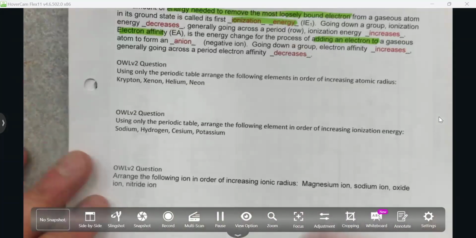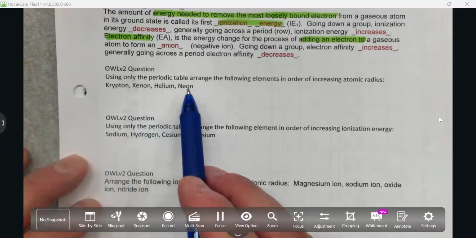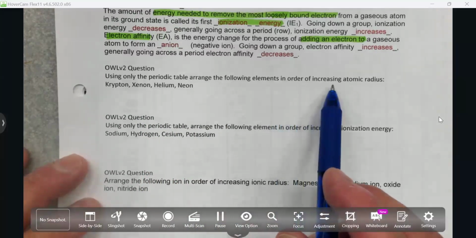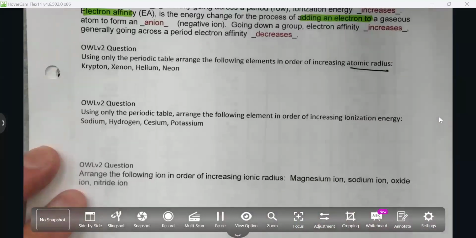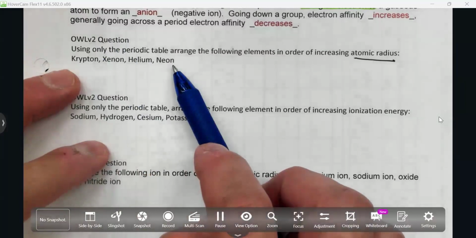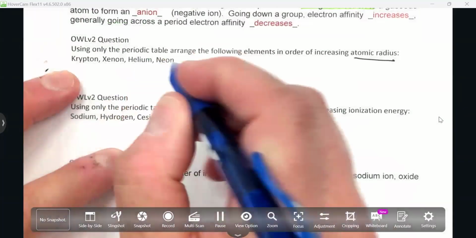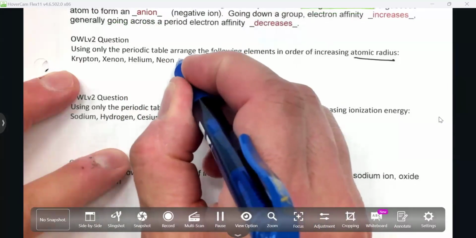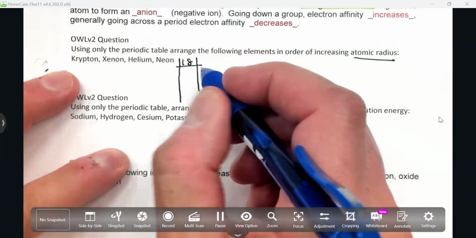Okay, let's go back and answer then our question right here. Using only a periodic table, arrange the following elements in order of increasing atomic radius. All of these elements, krypton, xenon, helium, neon, are in group what? This is group 18, correct? Group 18.